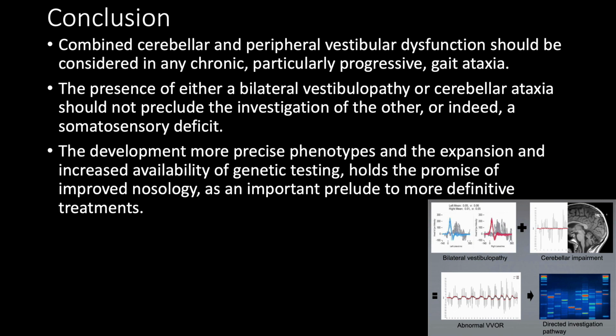And finally, the development of more precise phenotypes and the expansion of available genetic testing holds the promise of improved disease taxonomy, holds the promise of more definitive diagnosis and treatments.